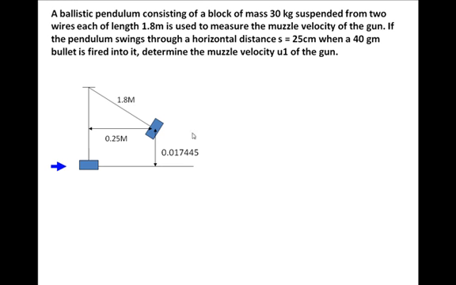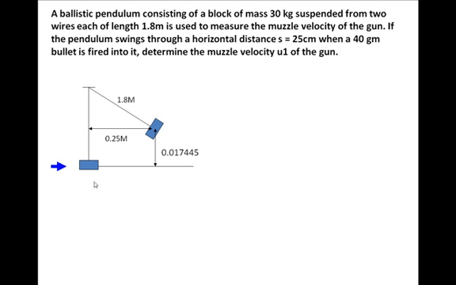Now see, this pendulum is used to measure the velocity of the bullet. It's standard equipment, and just for simplicity, these two wires were combined into one.